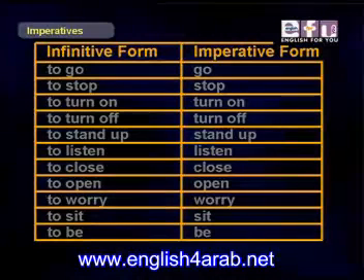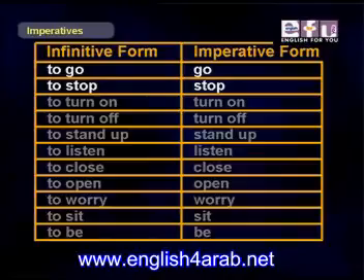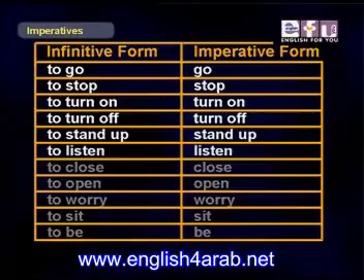The infinitive form of the verb, meaning the simple verb form with to at the beginning. For example, to go. In the imperative form, we drop the to and it's just go. To stop, in the imperative form, is stop. To turn on is turn on. To turn off is turn off. To stand up, stand up. To listen, listen.